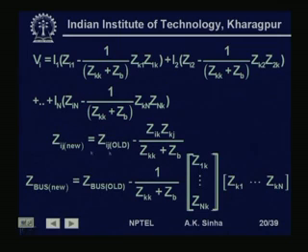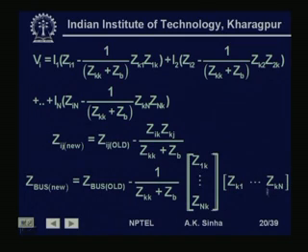So this is how we will get the new modified element, and if we want to write this in matrix form, then we have Z bus new is equal to Z bus old minus 1 by Zkk plus Zb into this column Z1k to Znk, that is the kth column of the Z bus matrix multiplied with the kth row of the old Z bus matrix.